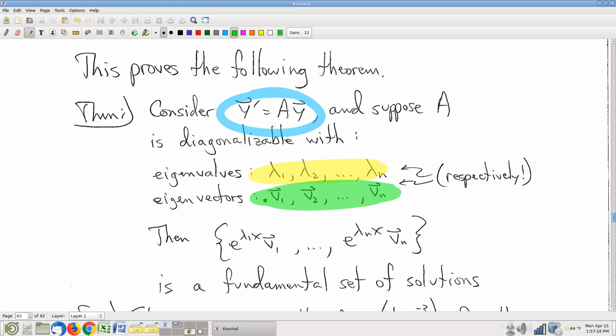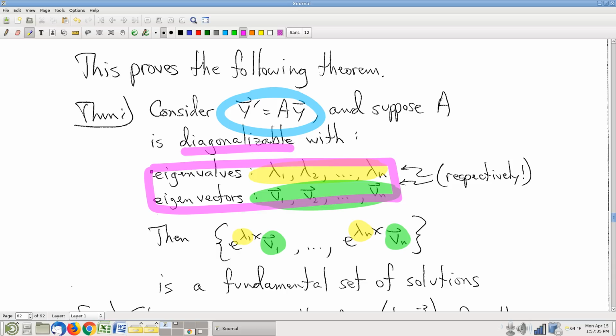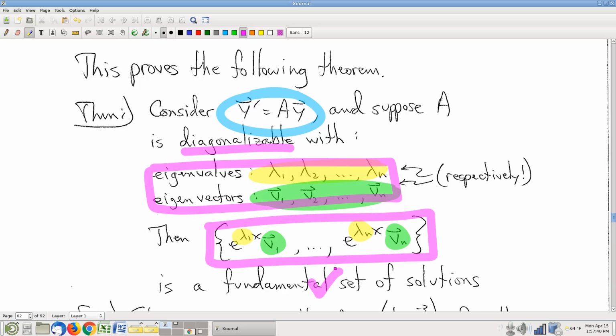Okay, well then it becomes a plug and chug. The eigenvalues go here. The eigenvectors go there. Because the matrix is diagonalizable, because you have eigenvalues and eigenvectors, there's your fundamental set of solutions. It always works. Isn't that nice? Anybody have any questions about this?